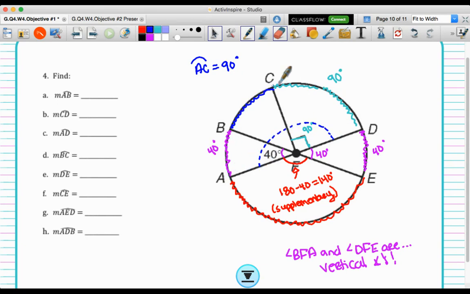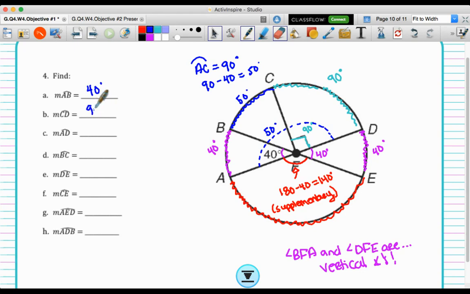That intercepts arc AC. So then if I do 90 minus 40, which is this measure, I'm left with 50. So this is 50, as is the angle it intercepts. And I'm going a little bit farther than you might need right now, and we'll be doing more with this next week.